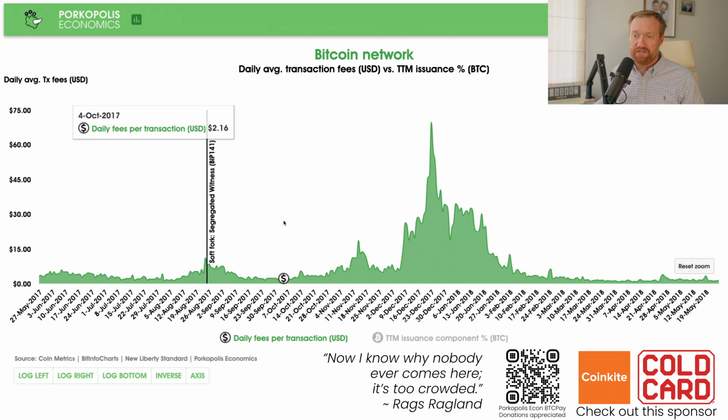And so after SegWit was activated, not enough people were using the more efficient wallets and addresses that SegWit afforded at this time. You actually had the first major spike where fees went up to $70 per transaction in December 2017, precisely on the day that Bitcoin peaked around $20,000 per Bitcoin.